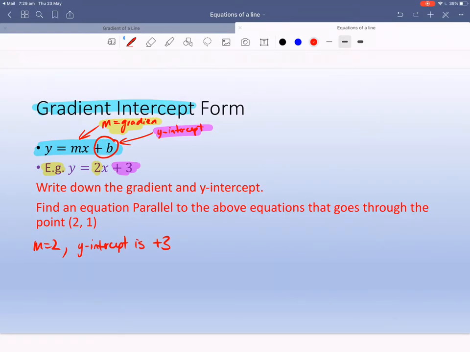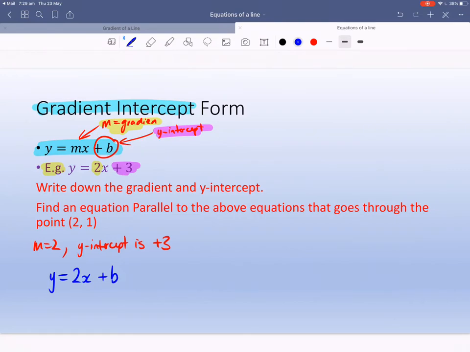Find an equation that is parallel to the above equations that goes through the point (2, 1). If I know the gradient, what do I know about parallel equations? They have the same gradient. So this is what I know so far: we've got y equals 2x, but I don't know my y-intercept.